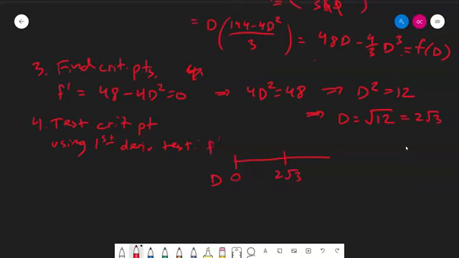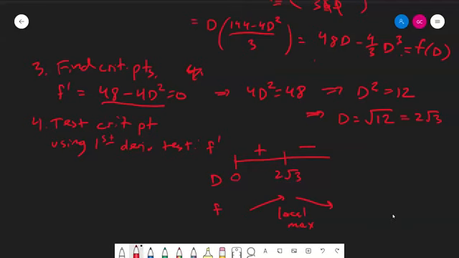Now I look at f prime. f prime of a number just a little bit bigger than 0 is going to be positive, whereas f prime of a pretty large number is going to be negative. So f is increasing and then decreasing. That means I do get a local maximum at d equals 2 root 3.